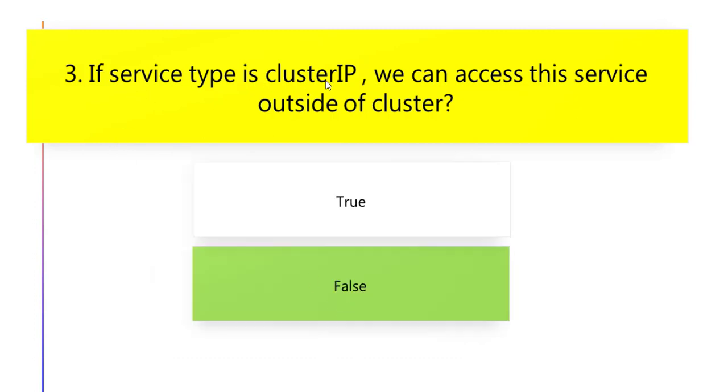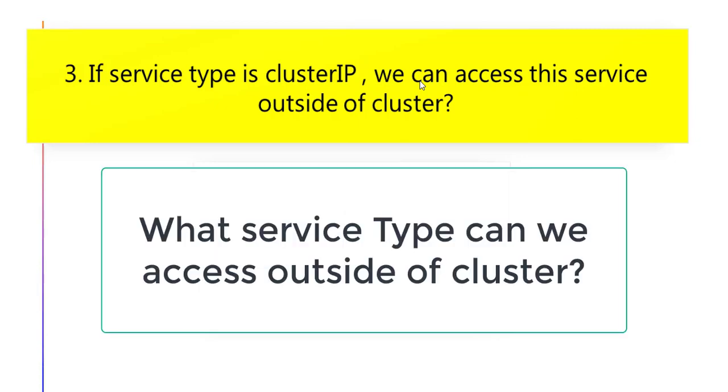Because if service type is cluster IP, remember for our Postgres database to make a connection with the web API, we created a cluster IP service type, and that is only accessible inside the cluster. We cannot access it outside. So which service type can we access outside the cluster? If you know it, give that answer also in the comment box.